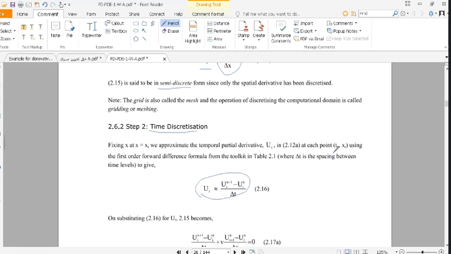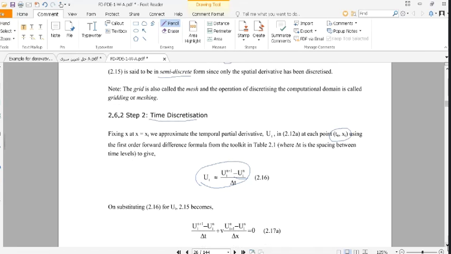We are at xi and tn, and the index used is from the next point, u i, n plus 1 minus u i, n over delta t.